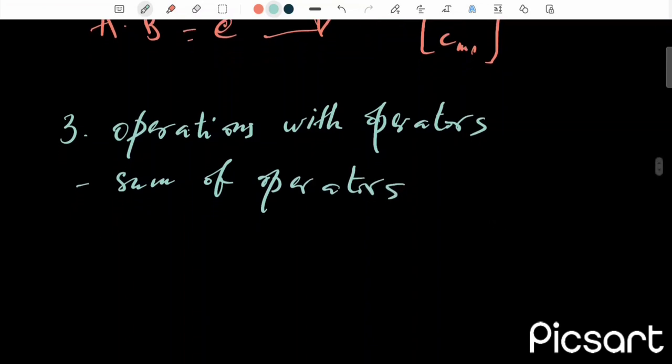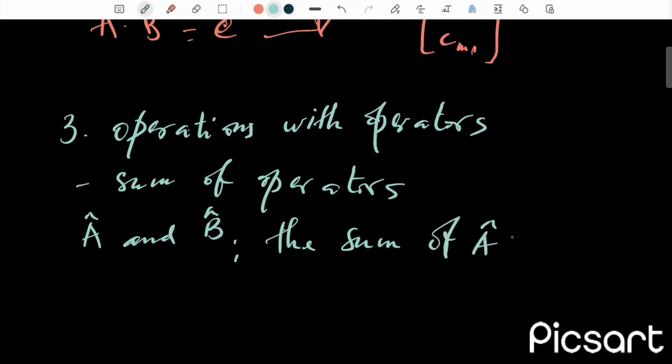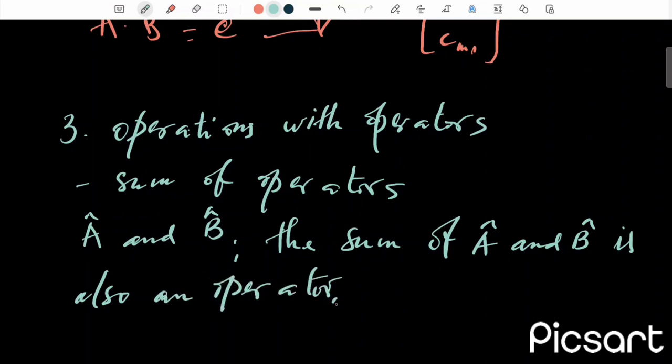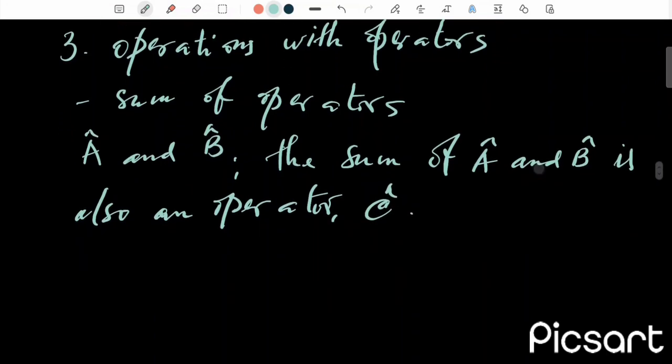Suppose that we have operator A and operator B. Then the sum of A and B is also an operator, for example, C. We have here A plus B equal to C.